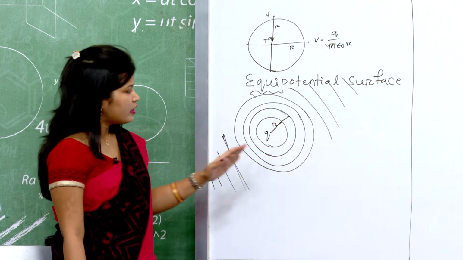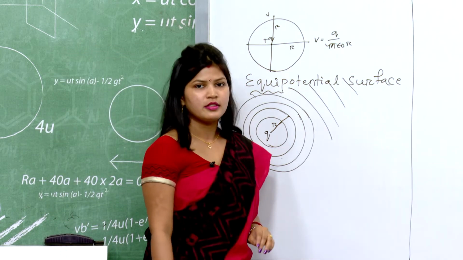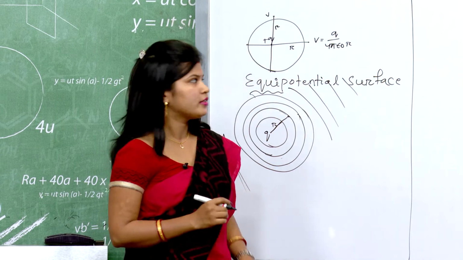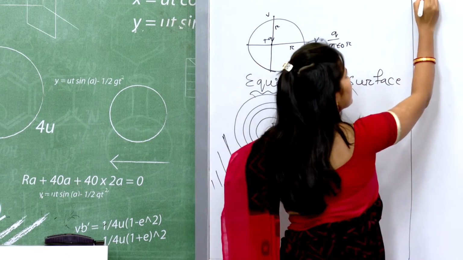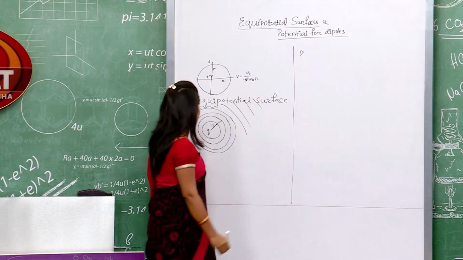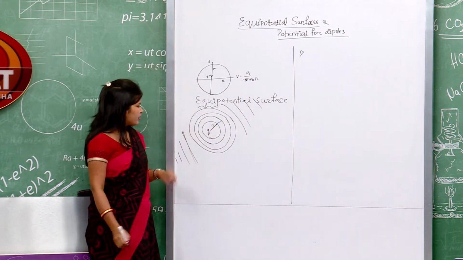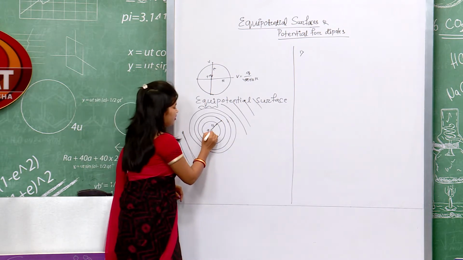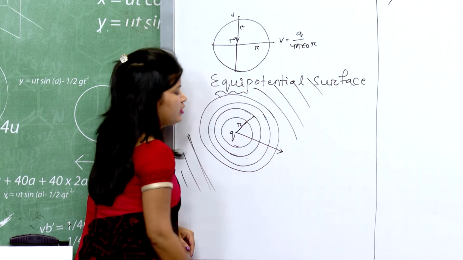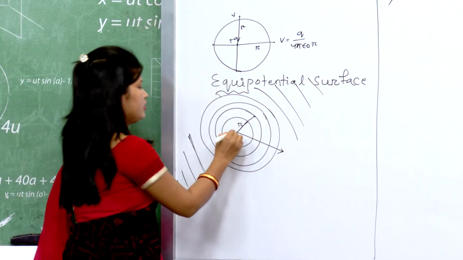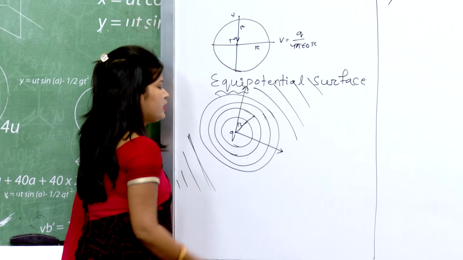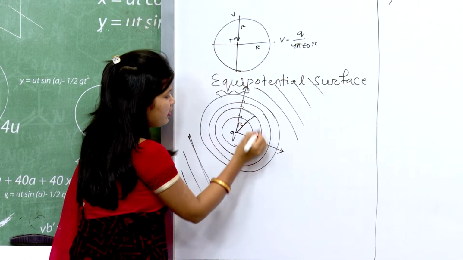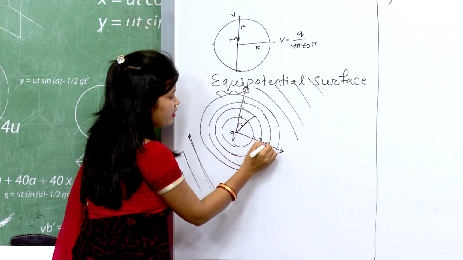Now, let us study the characteristics of equipotential surfaces. First, students say, what is the direction of equipotential surface? Yes, this is the direction of equipotential surface, and you see at every point the angle is 90 degrees.